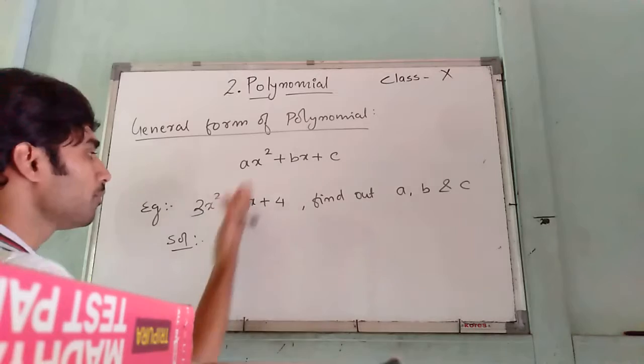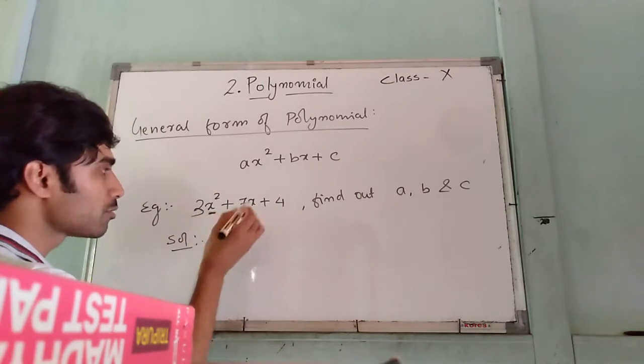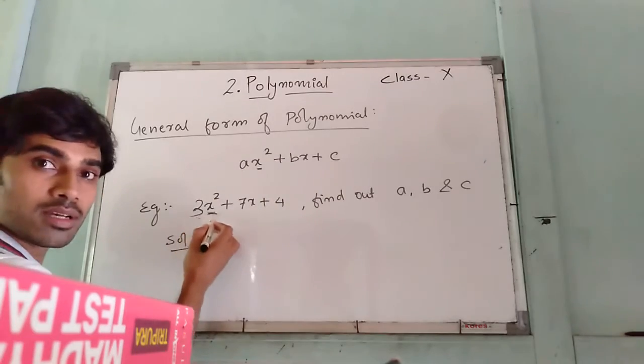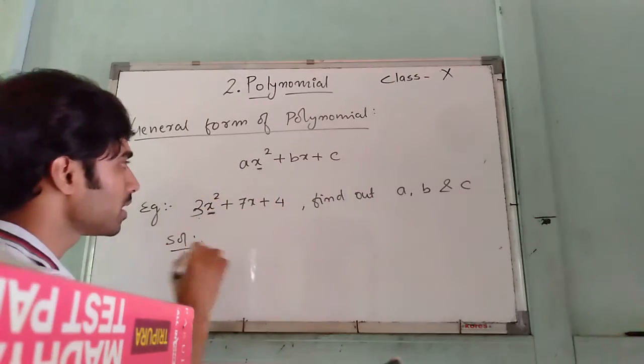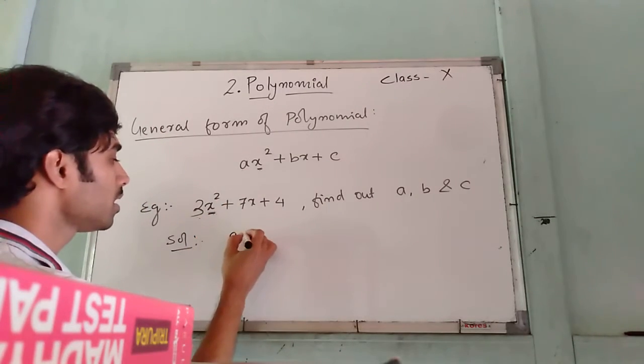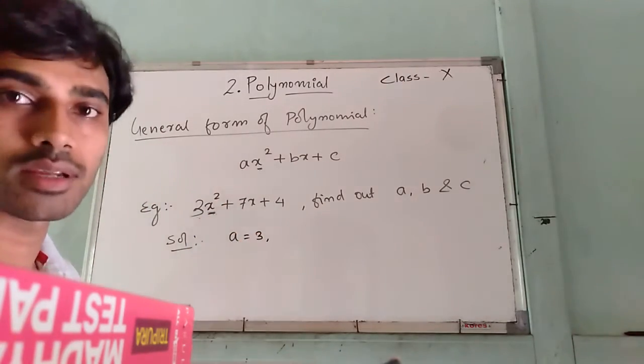If you go on comparing, we can see here x square, here also there is x square. So in place of a, what is the number present? The number is 3. So the value of a is 3.